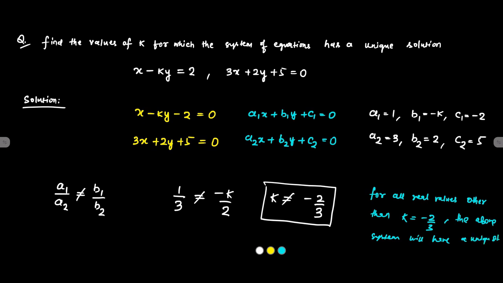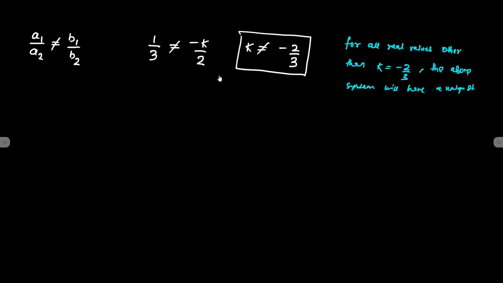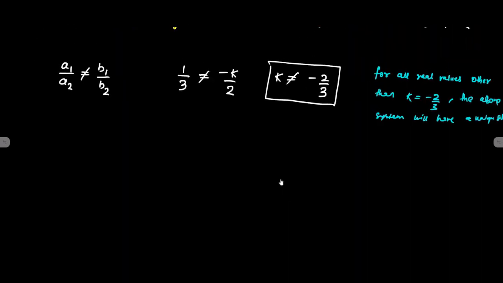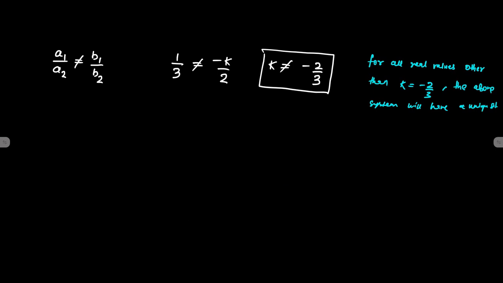Now let us put k equals to minus 2 by 3 here. In that case, b1 by b2 is minus k by 2.